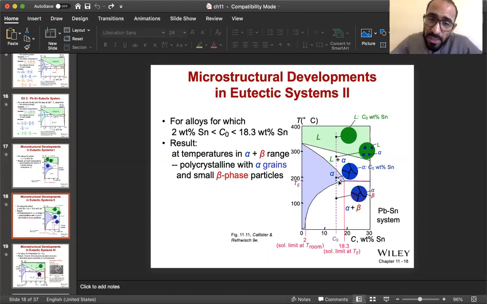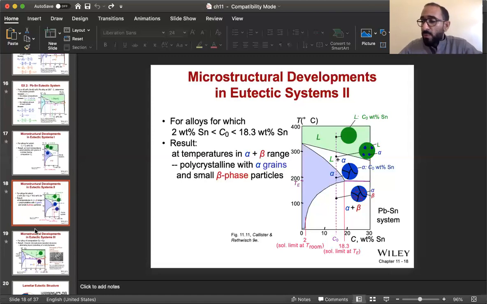That tells you how much of the other element, in this case tin, it can accommodate. If you cool below this line, alpha cannot accommodate more tin, so beta is going to precipitate outside of the alpha phase. So you see beta particles plus the alpha phase.